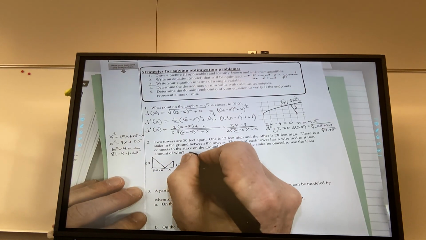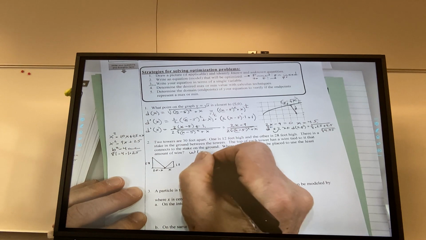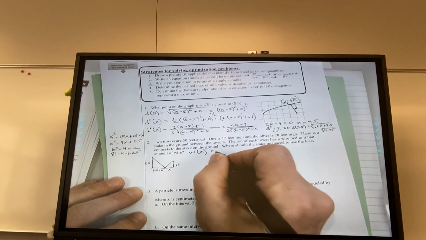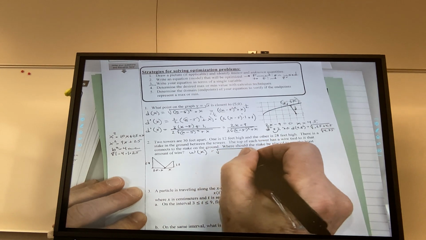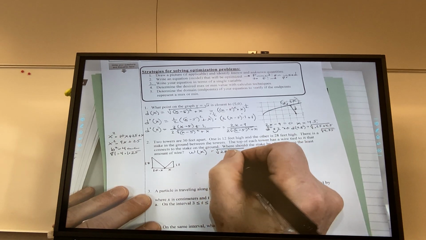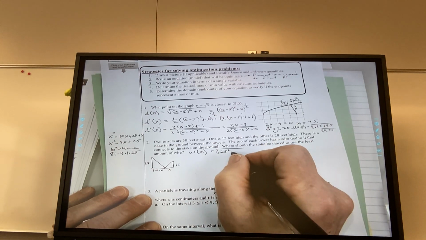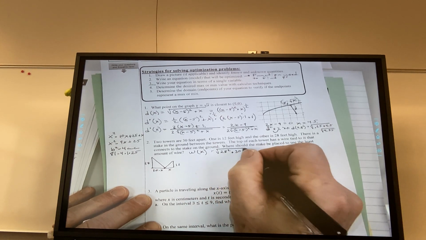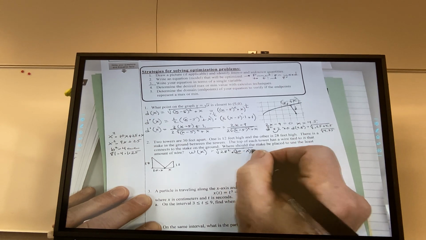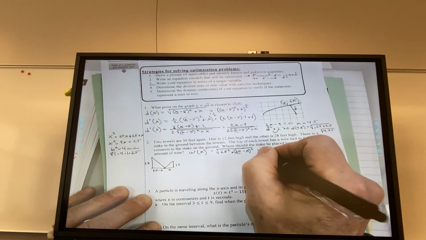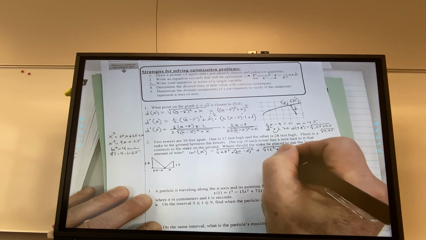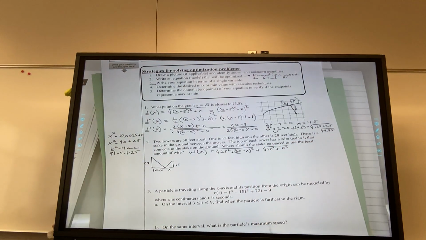And then we said, okay, our function for the wire was the square root of 28 squared plus 30 minus x squared, plus the square root of 12 squared plus x squared.